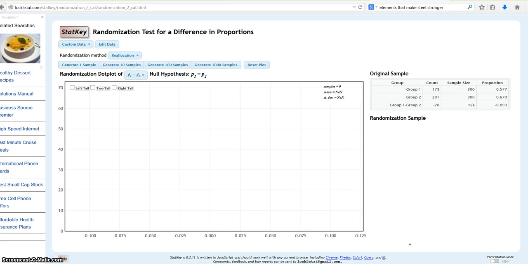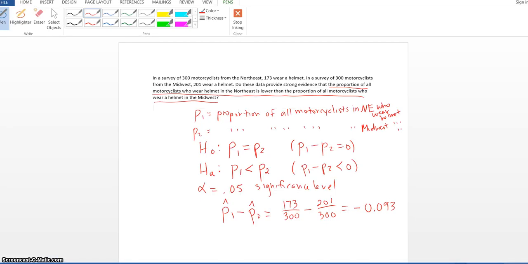Okay, so now we have the original sample. We can see that it reflects our sample data. This is the same sample estimate, negative 0.093, that we got before, so we know that everything's entered correctly. Okay, so now let's go back and take a peek. We have a less than sign in our alternative hypothesis, so after we generate our samples, we're going to be doing a left-tailed test.